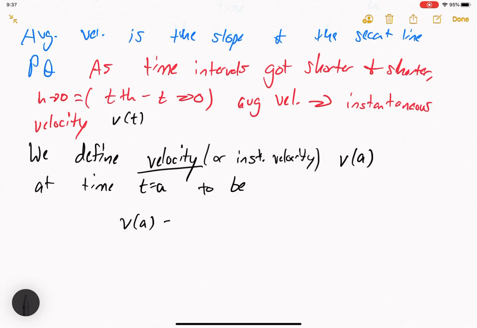We had said, in terms of the quotient, f of a plus h minus f of a divided by h, or keeping it consistent with what we said above, s of a plus h minus s of a.